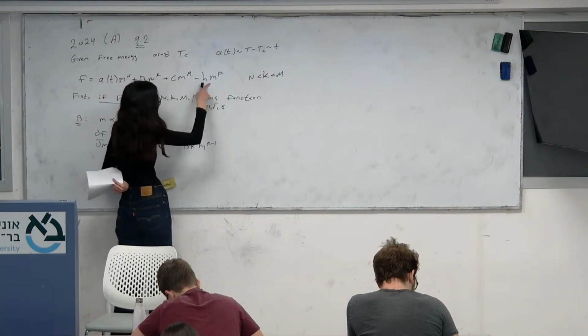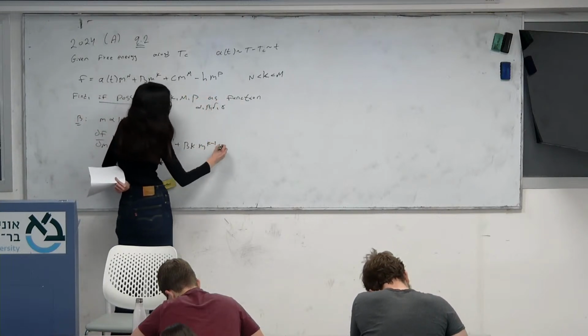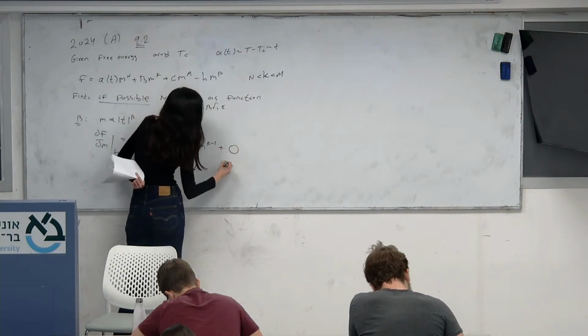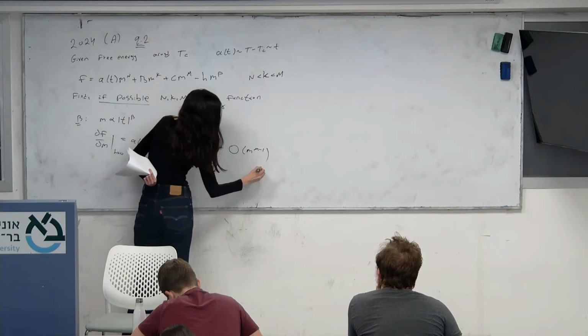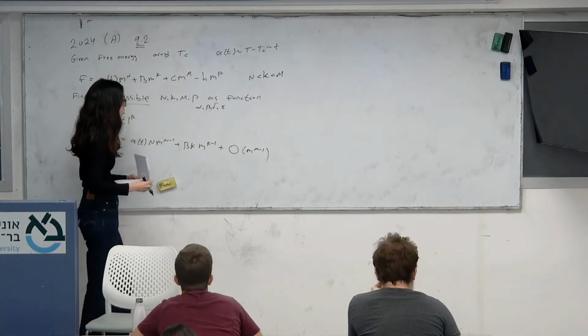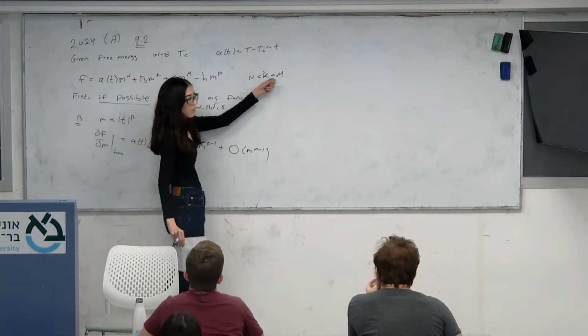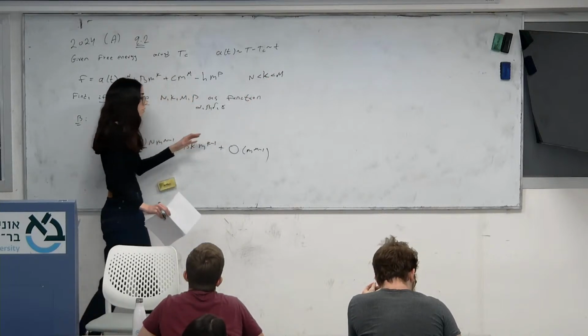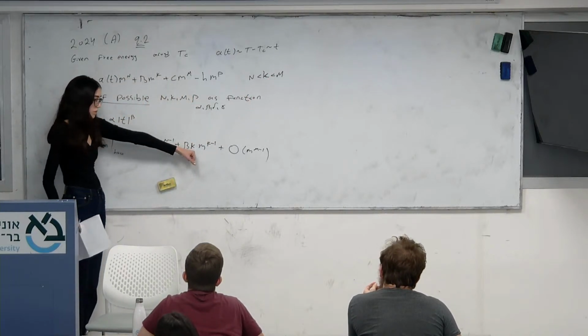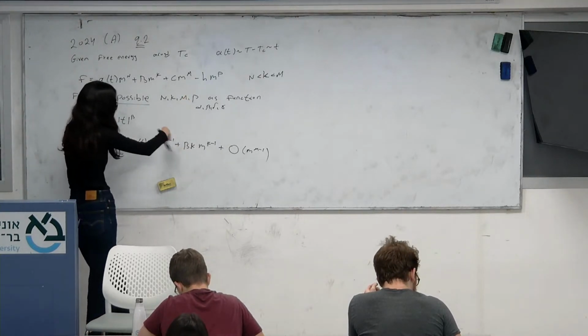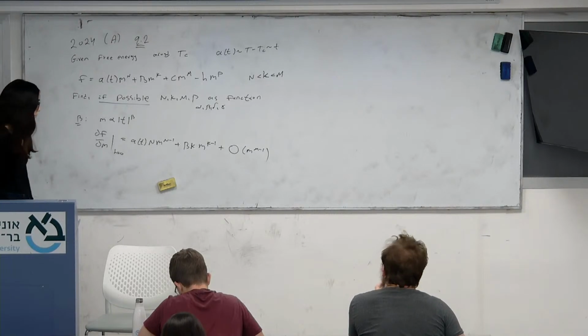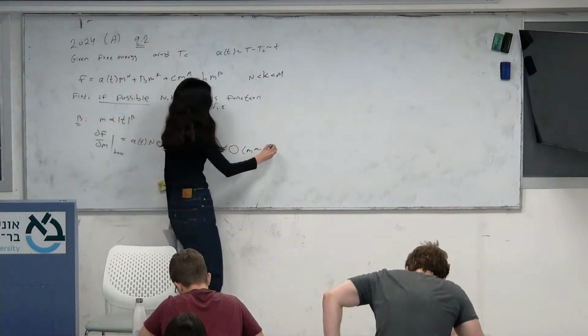and plus something of order m^(n-1), which I'm already ignoring because I know that it's going to be the highest order. So I'm always only going to take the two leading orders. Since I was told that m is the largest number here, I'm going to ignore it. And all of that is equal to 0.